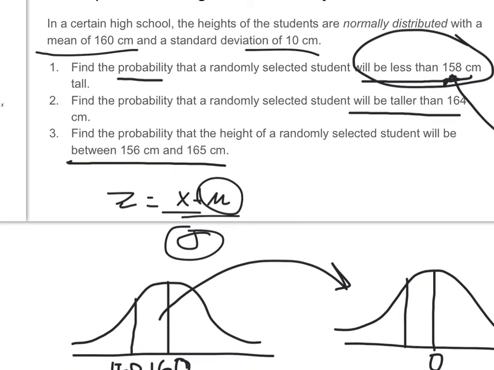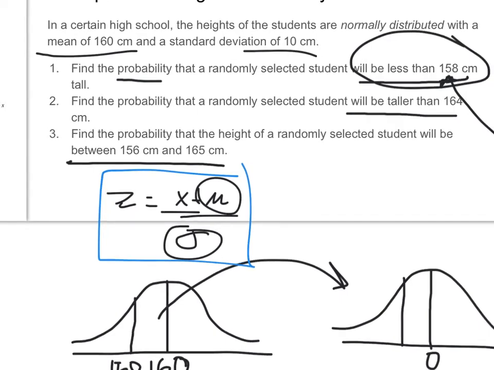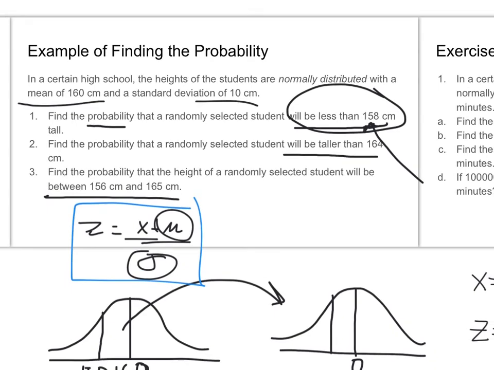So we have to change them first into their corresponding z, and then once we have the z, we have to refer to the z table to find the corresponding probability. Okay, there are three main questions in finding the probability: having less than, having greater than, in this case taller than a number or a height, and probability in between two values.